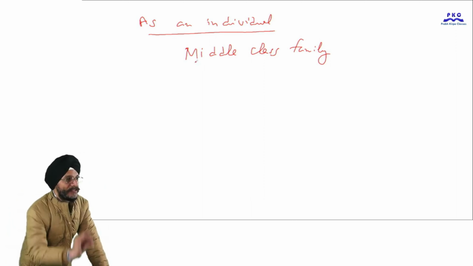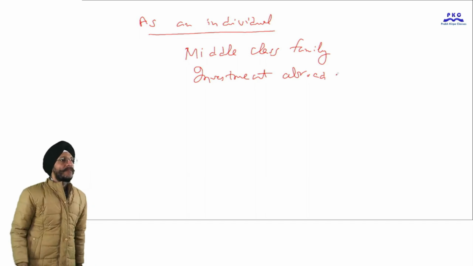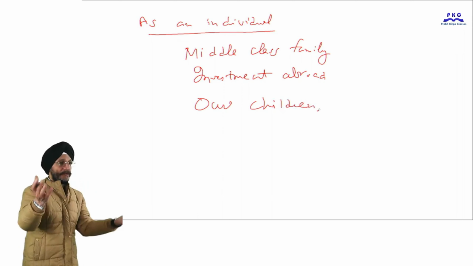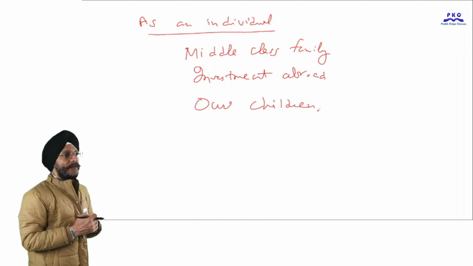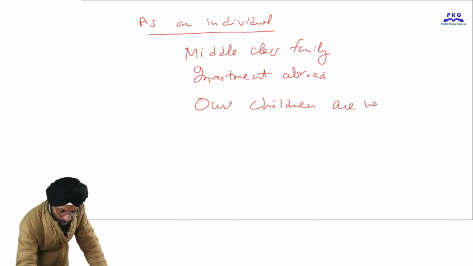We are not having surplus funds to make investment abroad. Our children are not studying abroad. If children are studying abroad, then there may be demand. We will have to send them money in foreign exchange.